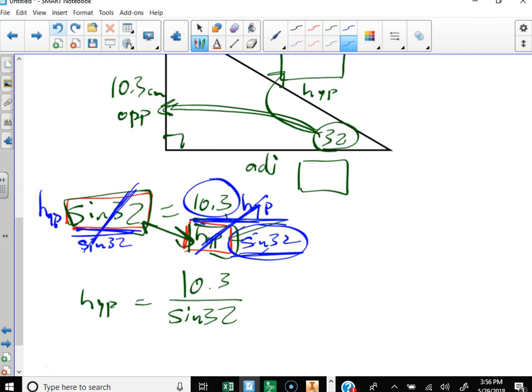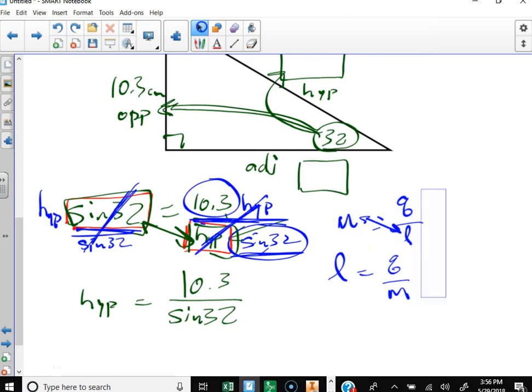Now you can go through that every time, or you can remember. If you have, I'll just make up some letters, m equals q over l, you are more than welcome to switch these two and say l is equal to q over m. That's fine. Perfectly legal. So we do that here, and we do this problem.